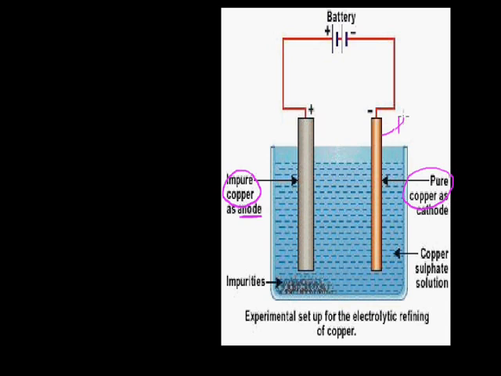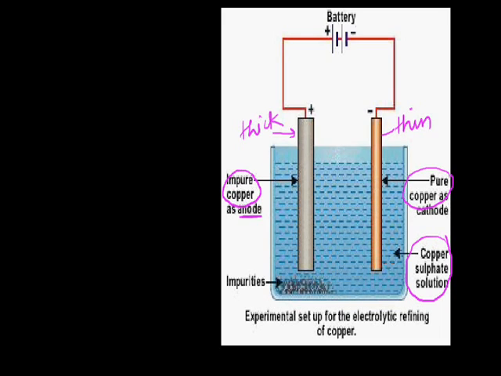There is a thin rod of pure copper and a thick rod of impure copper, and here we use a solution of copper sulfate, the electrolyte of the metal which we want to purify.